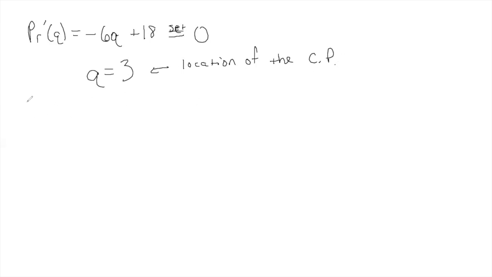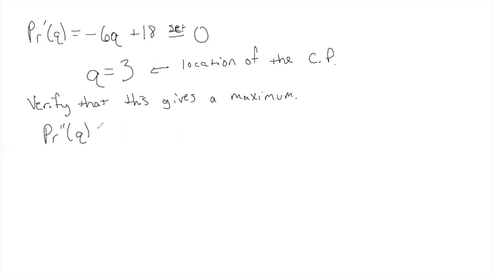Okay, so I'll do this in a slightly different order. Let's verify that this gives a maximum. Let's verify it first, just because we're already sort of in the spirit of taking derivatives and whatnot. So my second derivative is, again, extremely easy. And this is just another example of why the second derivative is so useful here.